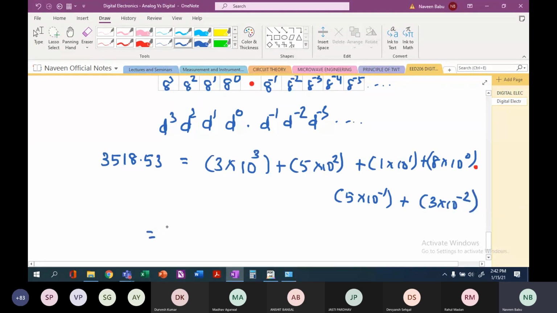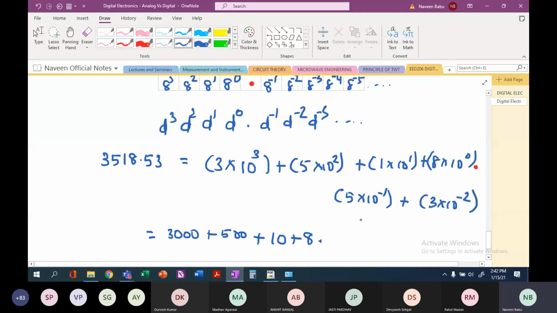Now what is this particular value? 3 into 10 cube is 1000, so 3000, plus 5 into 10 power 2 is 100, so it is 500. 1 into 10 power 1 is 10, so it is 10. 8 into 10 power 0 is 1, so it is 8.